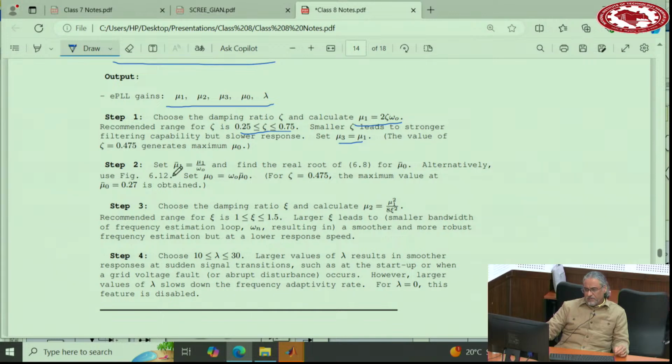Then define mu1 bar, mu1 over omega 0, and from that graph, find mu0. So that's the way to find mu0. Mu2, we already talked about how to find mu2. And lambda, our experience is any number between 10 to 30. Let's say put 20, that gives you a very good reduction of those fluctuations that I just talked about.